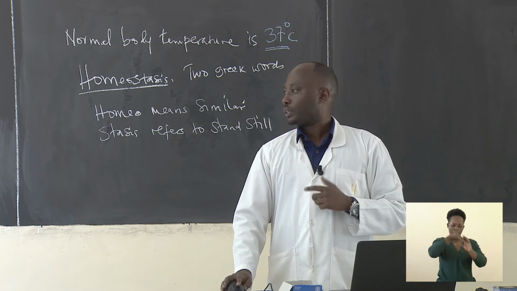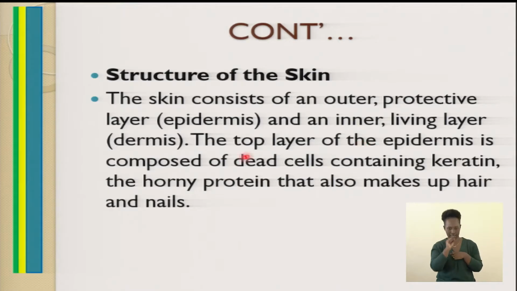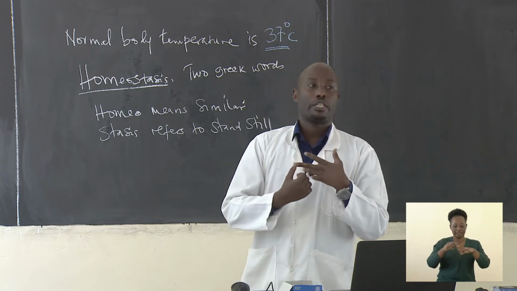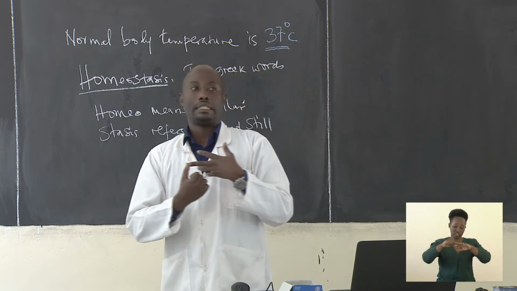The dead cells contain keratin, and this protein also makes up the hair and nails. Our nails grow from a protein substance called keratin.